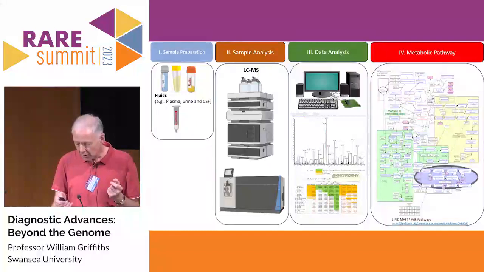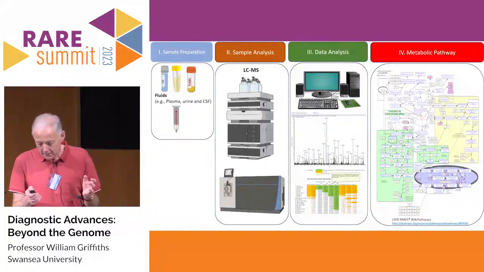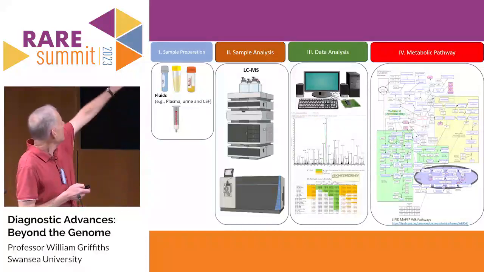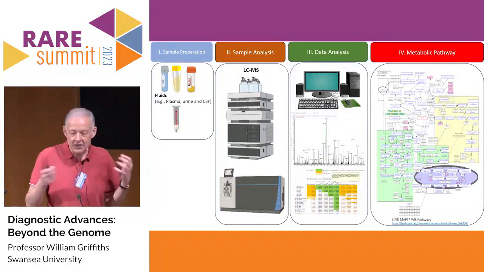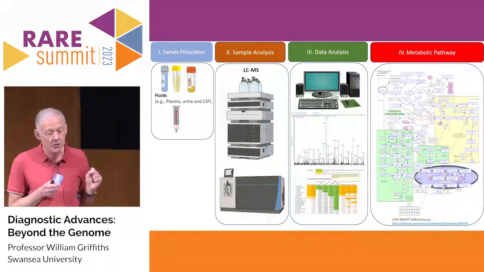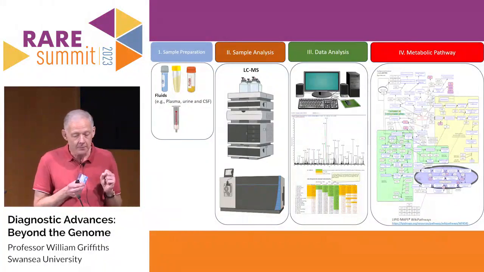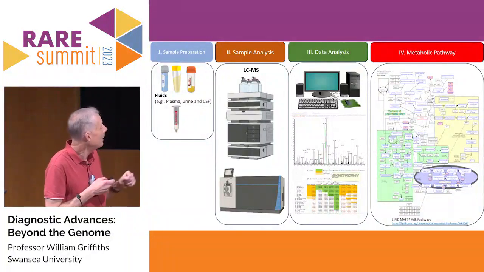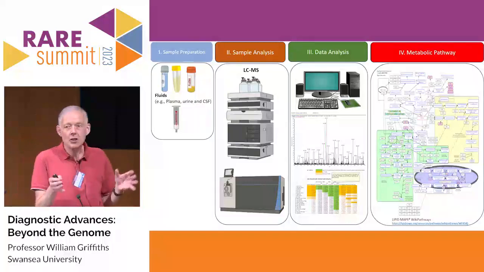So let's just walk you through how metabolomics and lipidomics work. We start on the left here with our sample, which is usually plasma or urine, or it could be cerebrospinal fluid. We then separate out the different molecules in the second panel on what we call a liquid chromatography instrument.